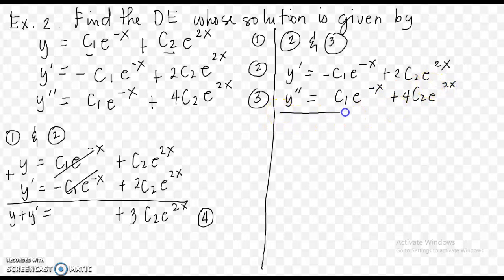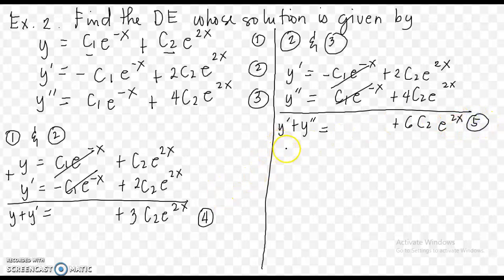Then, add the two equations. We have y prime plus y double prime equal to, c1 terms cancel, plus 6c2 e to the 2x. And let this one be your equation number 5.